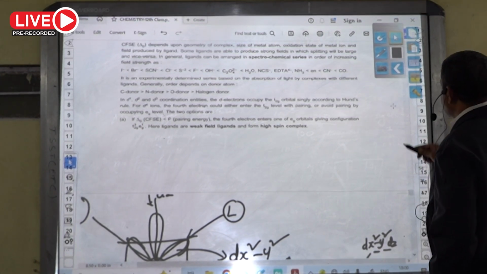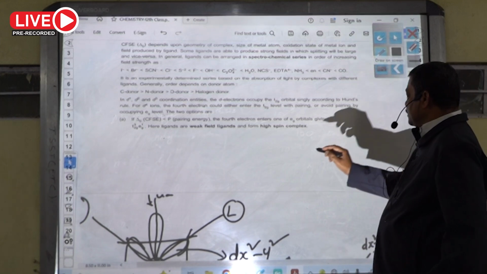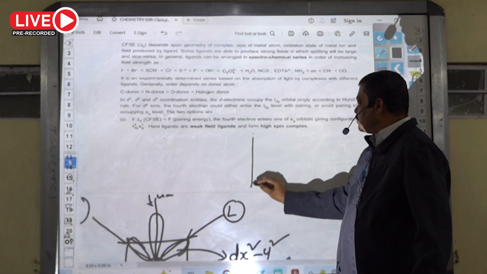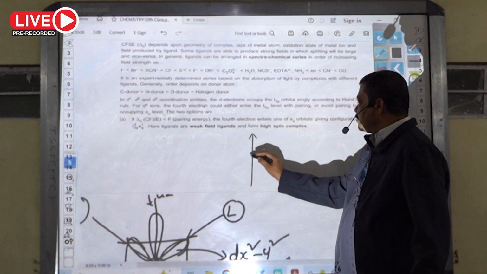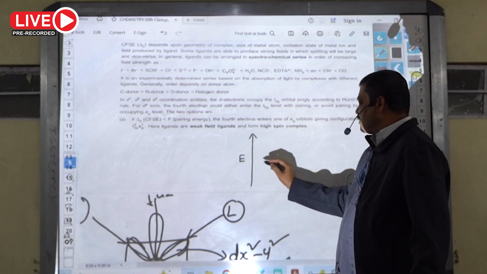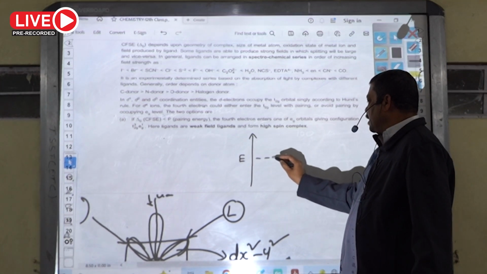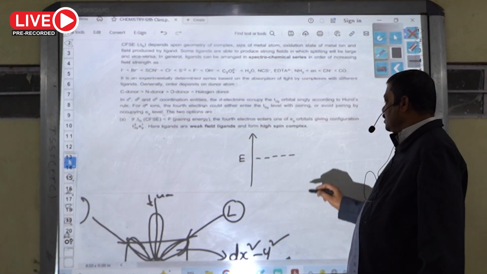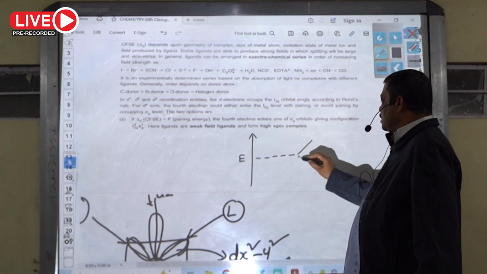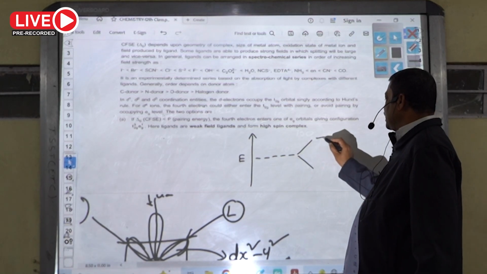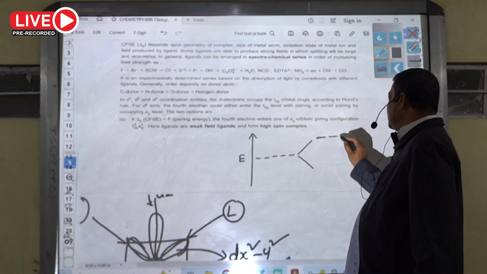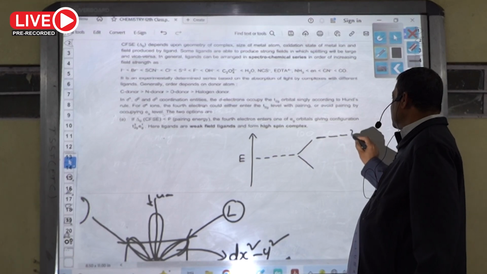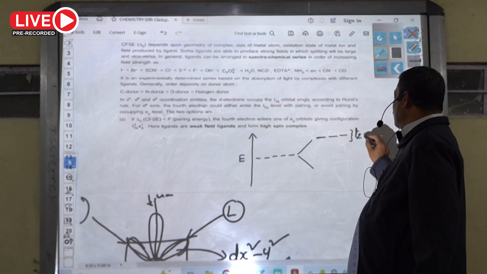So in tetrahedral field, I draw one more diagram here. This is the energy axis. 5 d orbitals, initial equal energy. So the dxy, dyz, dzx, t2g will have more energy.